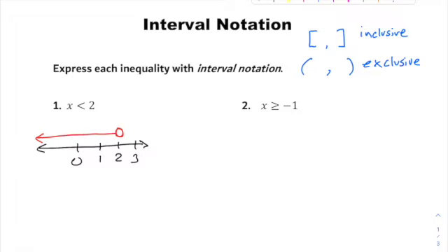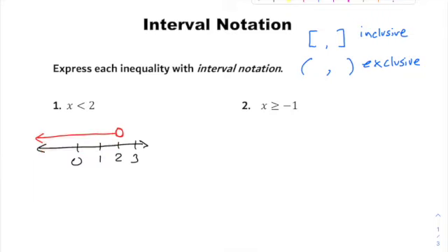Now, when you use interval notation, you always answer chronologically, so from left to right, just like you're reading here. And so where does the solution begin? This includes all the values from negative infinity, because this goes all the way to the left forever. So this goes from negative infinity up to 2, but not including it.